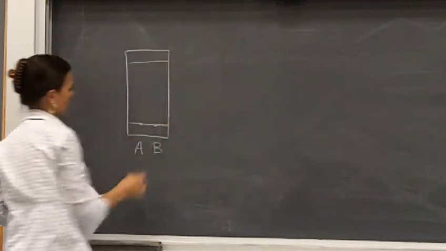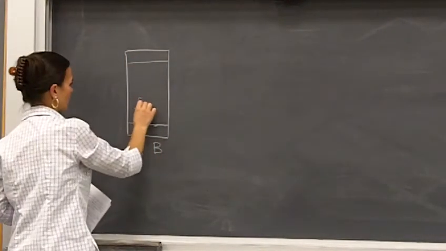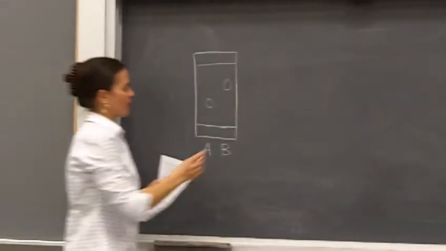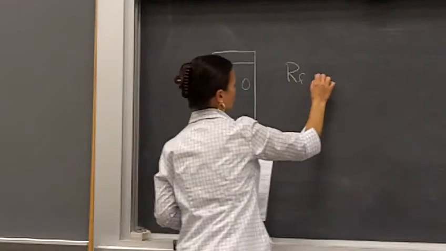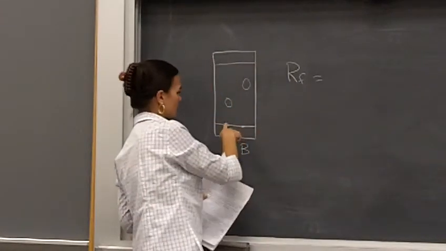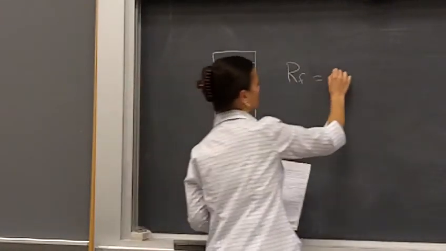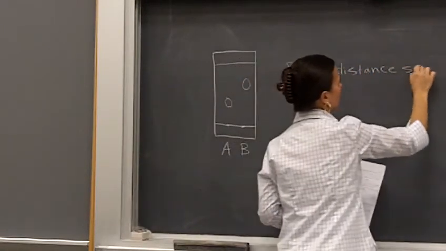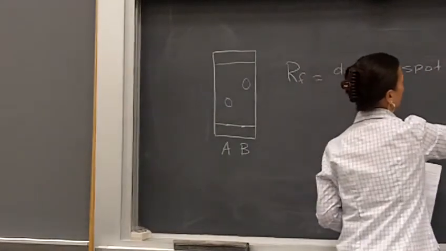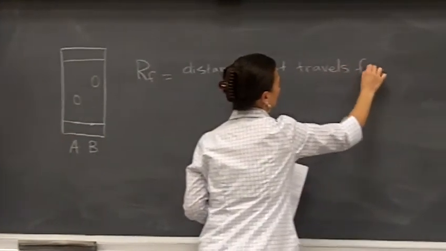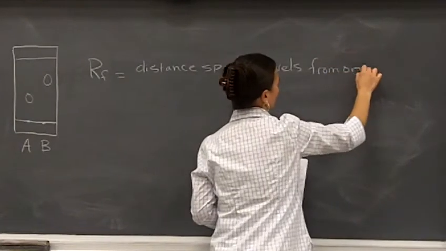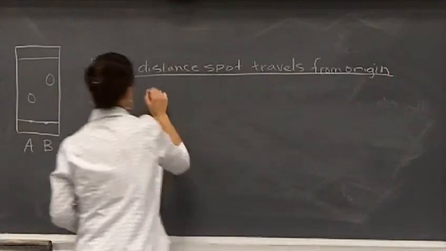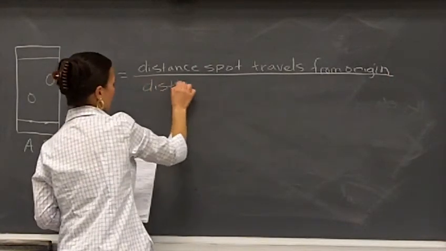Here are our spots again. We've developed our TLC plate. This RF value is the distance the spot travels from the origin, and the origin we're always calling our pencil line, over the distance the solvent travels from the origin.